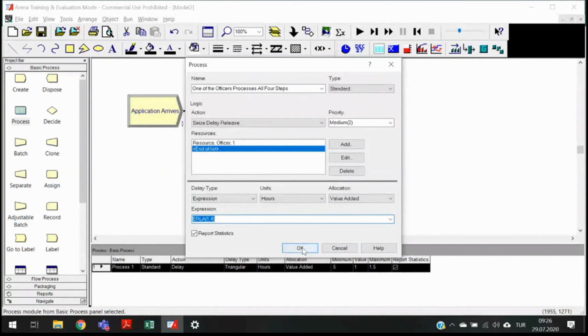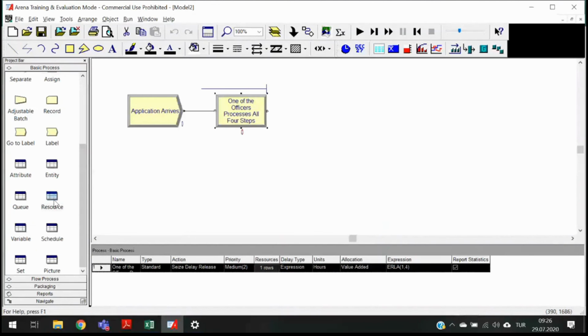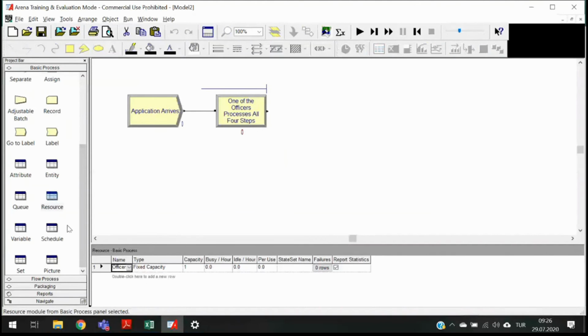Okay, so now we shouldn't forget that there are 4 resources here. So how many officers do we have? If you see here in resources, we have a fixed capacity during the whole simulation, and during the whole simulation there will be 4 officers.